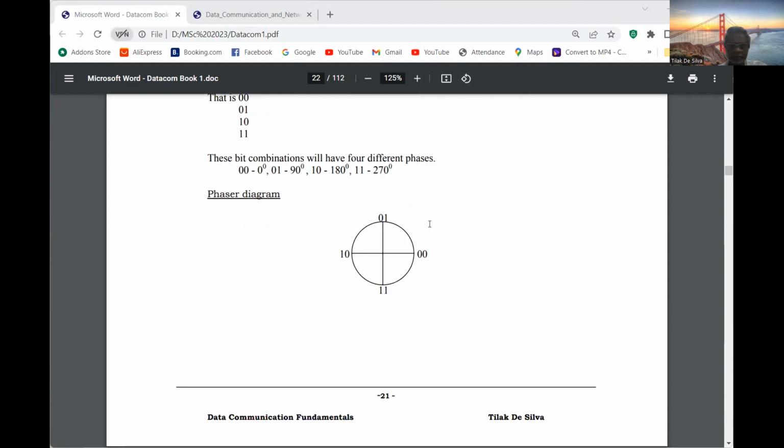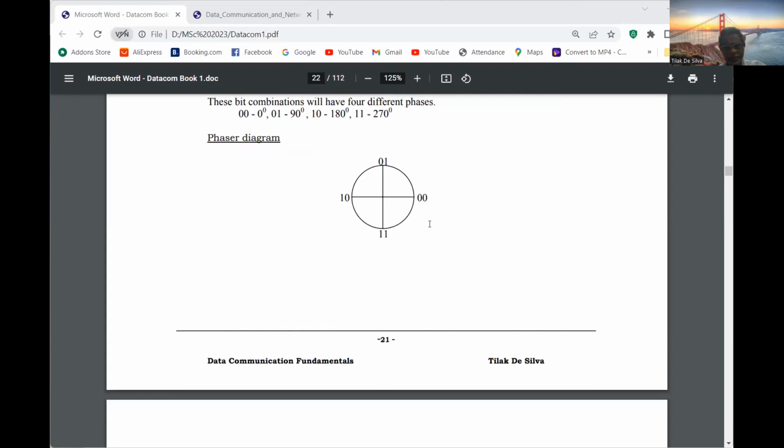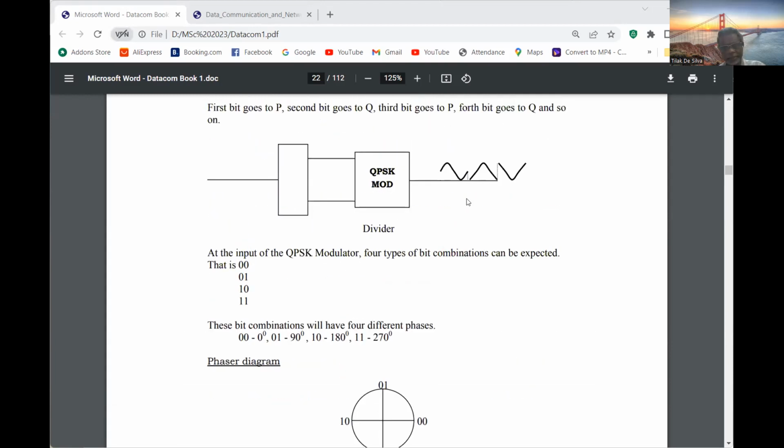So what are the devices using this PSK method? Normally we use AM, FM for radio broadcasting. Here finally you are getting an analog signal output, right?